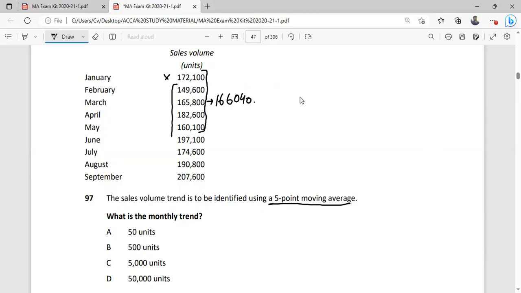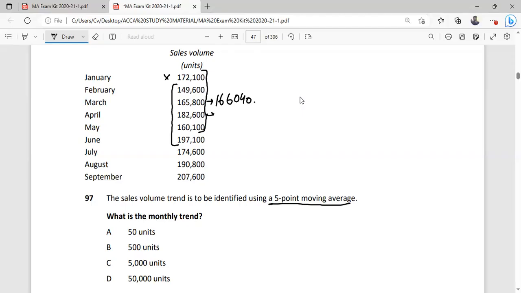Now 5 months moving average or 5-point moving average means now you will exclude the first one and you will add the next one, which means June. So now onwards you will calculate 149,600, then 165,800, then 182,600, then 160,100, and then 197,100 divided by 5.